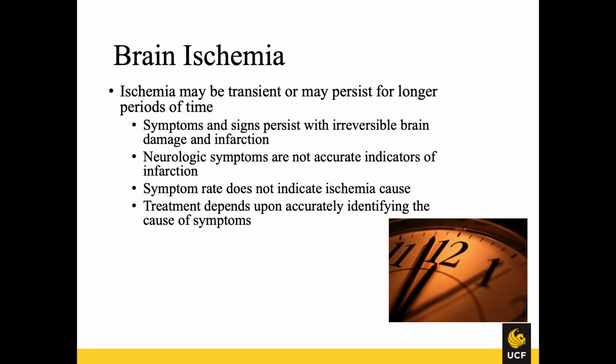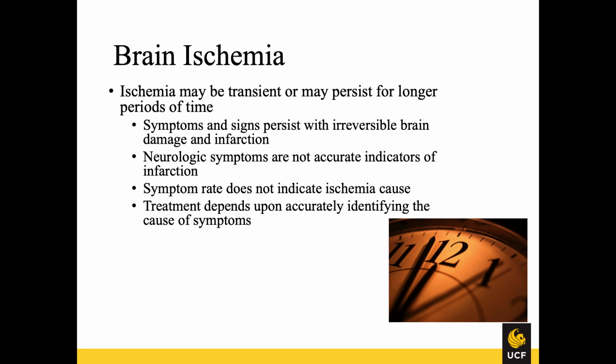So the old adage of time is tissue remains tried and true. Time is tissue. The longer a patient has brain ischemia, the longer the tissue is going to be infarcted, and the more neurologic symptoms and sequelae the patient is going to have in the long run.